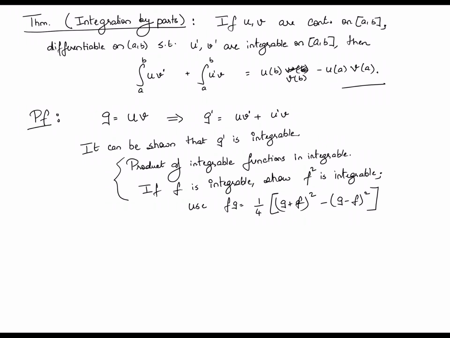Right? So essentially what I'm trying to say is that if you can prove that the square of an integrable function is integrable, it then also follows that the product of two integrable functions is integrable. Okay, all of this is going to be an exercise.